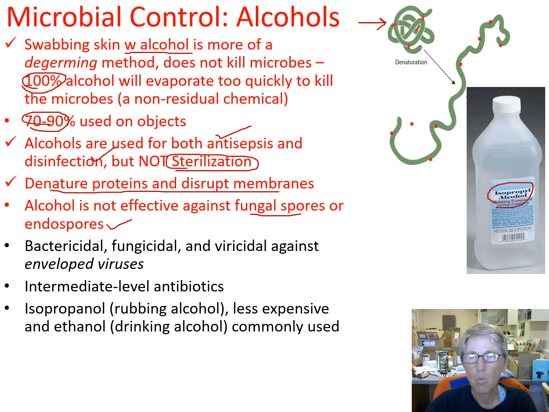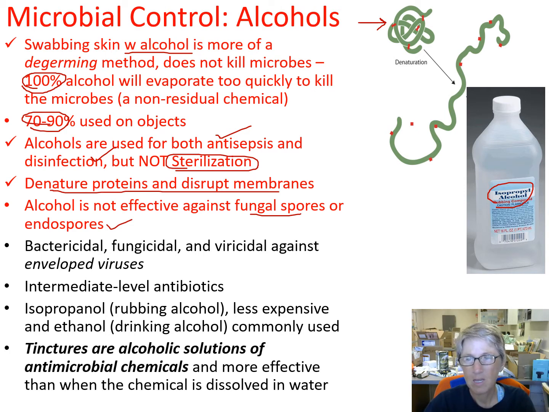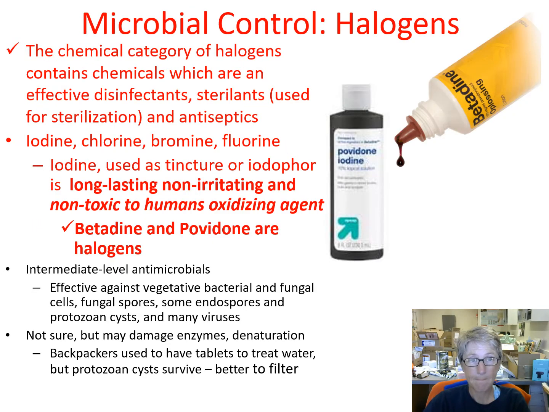And what alcohol will do is to denature or make that protein enzyme fall apart, and now the enzyme can't work. That's denaturation. And I don't know if you've heard of these things before, tinctures. They're just alcoholic solutions of antimicrobial chemicals, a tincture.